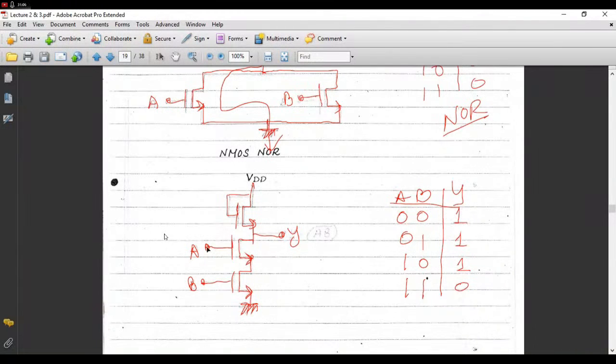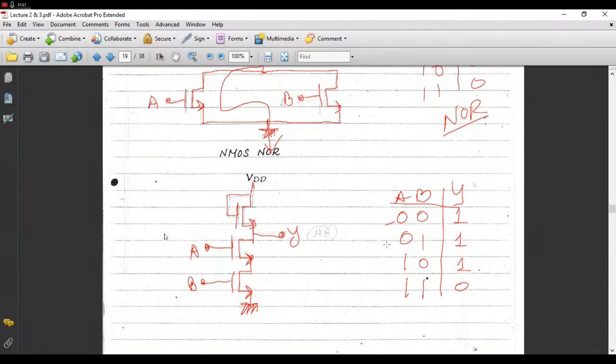If any one of them is 1, that means that particular NMOS will be on. But it doesn't really matter. If one of them is on and another one is off, that means this lower part is completely off. Understood?